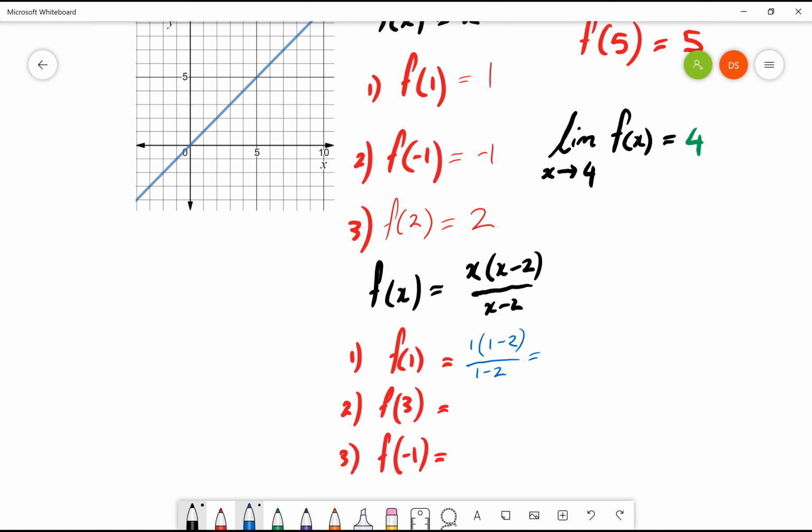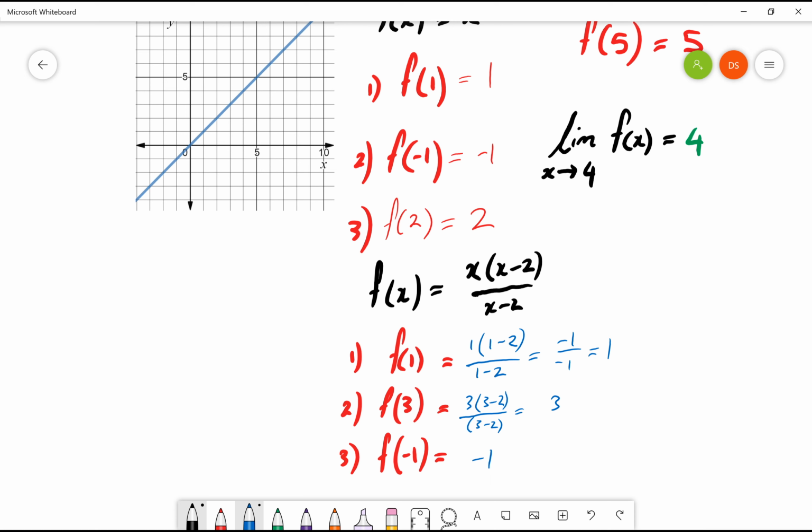So that's negative 1 divided by negative 1, that's 1. Okay, cool. Let's do 3. 3 minus 2 over 3 minus 2. In fact, the 3 minus 2 cancel. And so I don't even need to do it. They cancel.